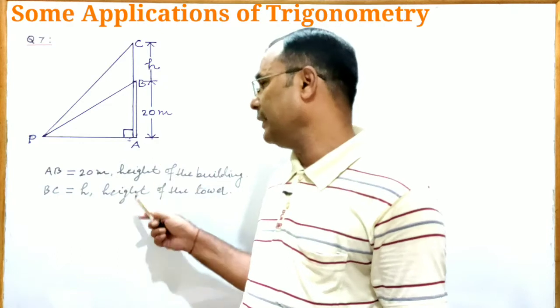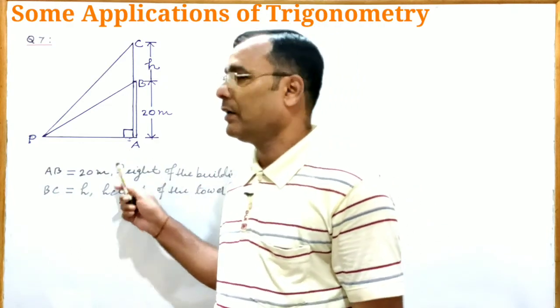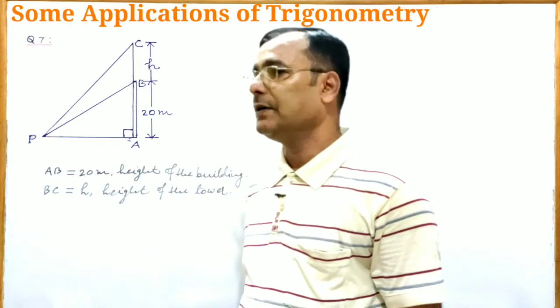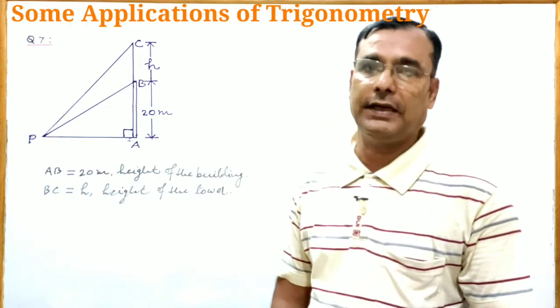So in a smaller right triangle where angle of elevation is 45 degrees, let us apply trigonometry.